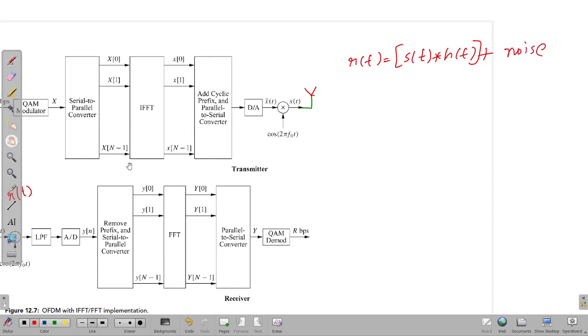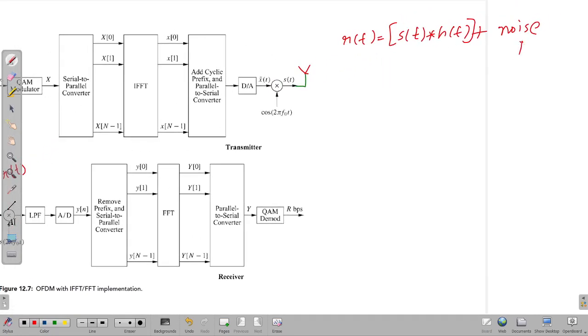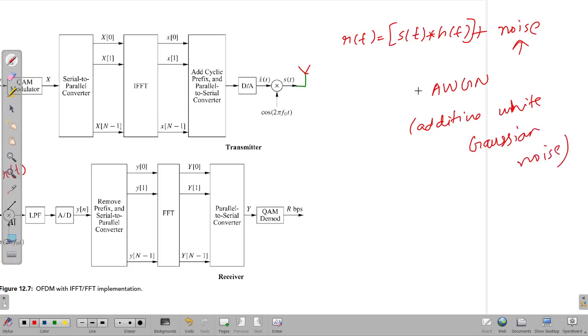Some noise also will get added, and this noise is assumed as additive white Gaussian noise, AWGN, which is getting added here.